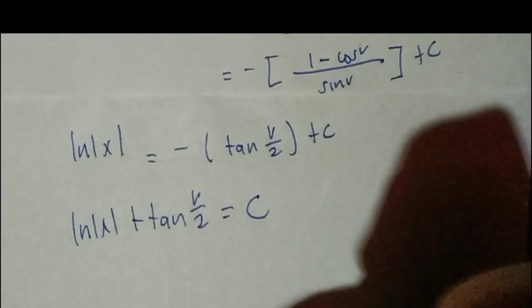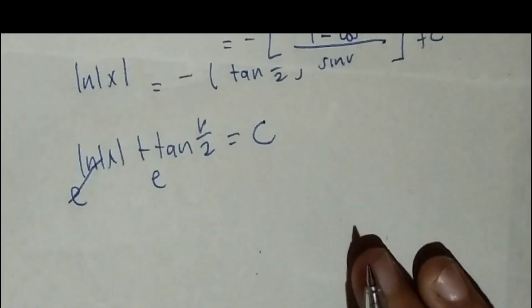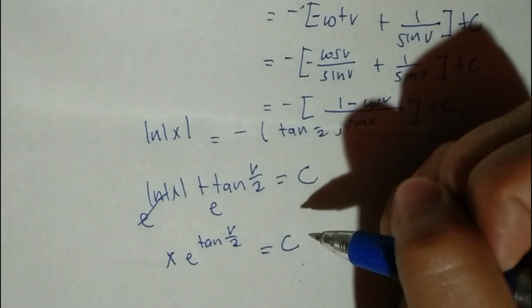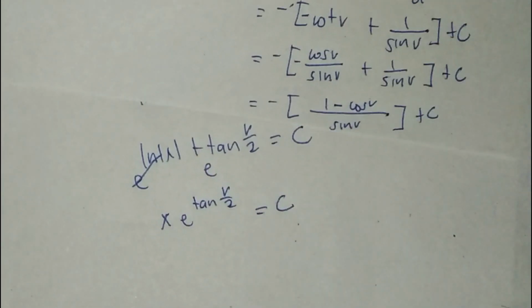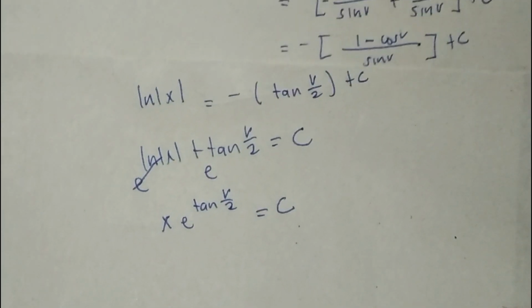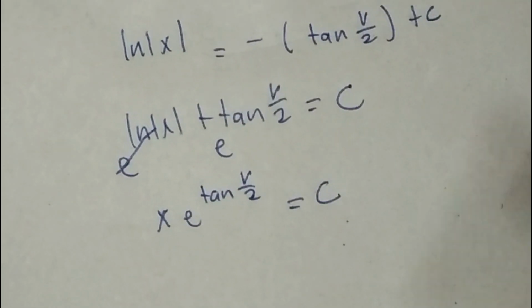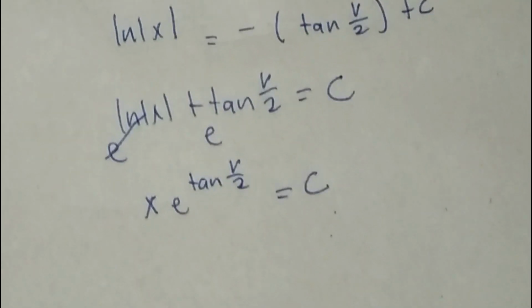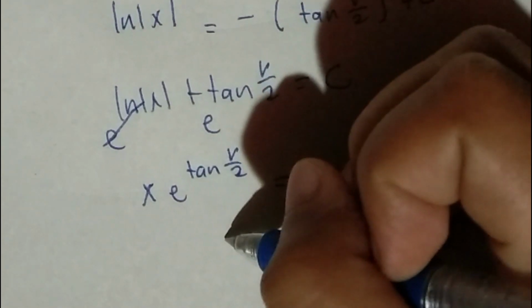So we will put e here. So this will be cancelled, and we will have x e raised to tan(v/2) = c.